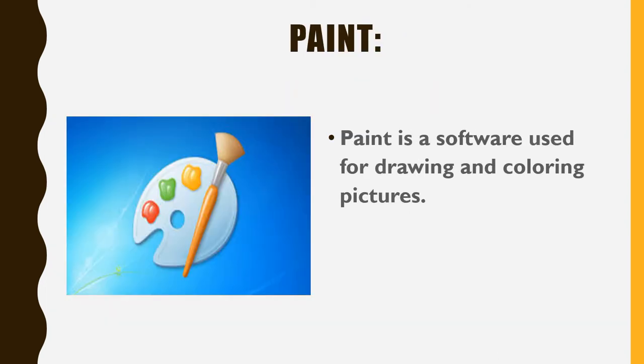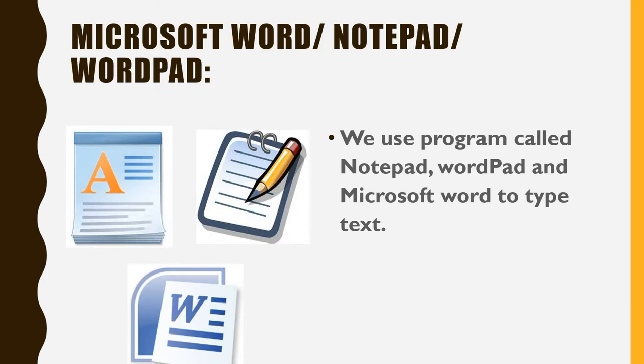Then first is Paint. Paint is a software used for drawing and coloring picture. Second, Microsoft Word, Notepad and WordPad. We use programs called Notepad, WordPad and Microsoft Word to type text.